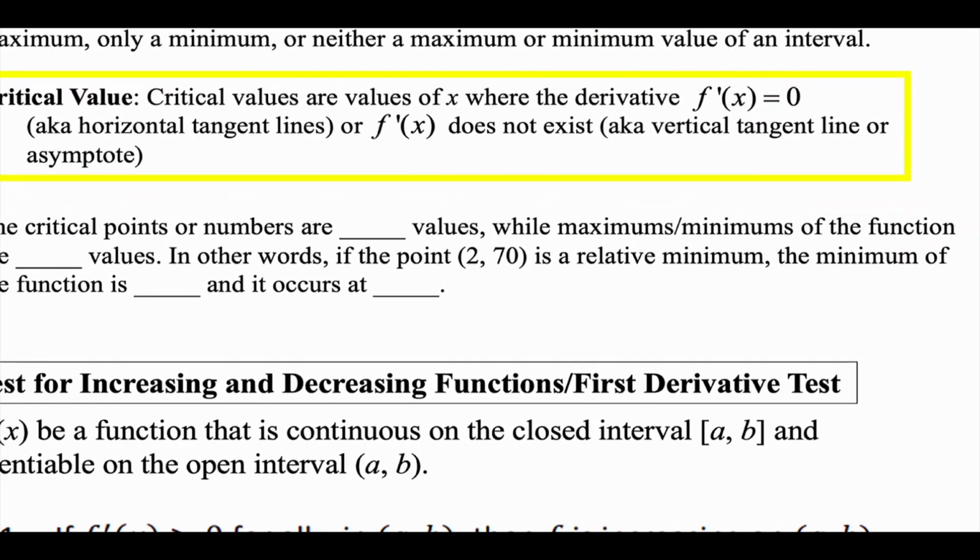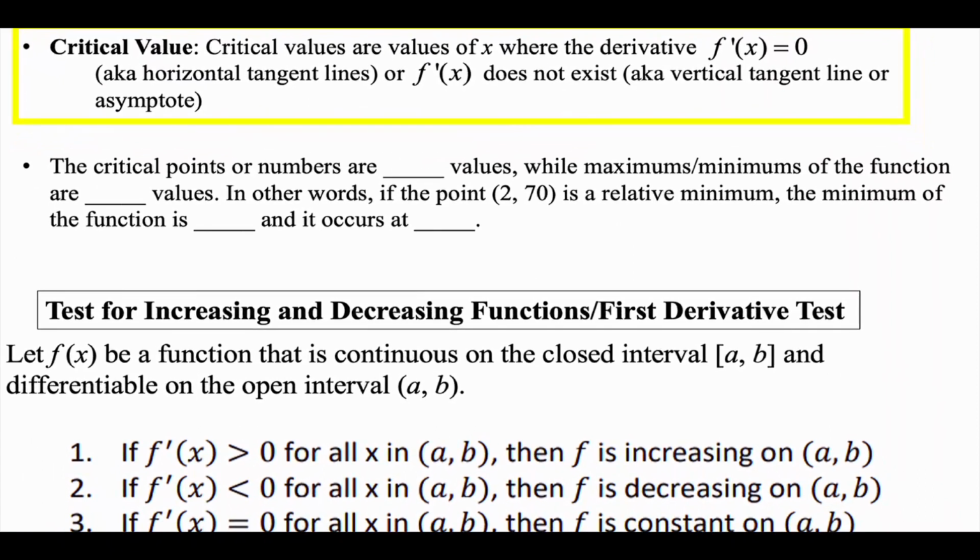Increasing means going uphill, decreasing means going downhill. So if it changes direction, it creates what's called a critical value. This is how we write it: critical values, critical points. Critical points are x values.